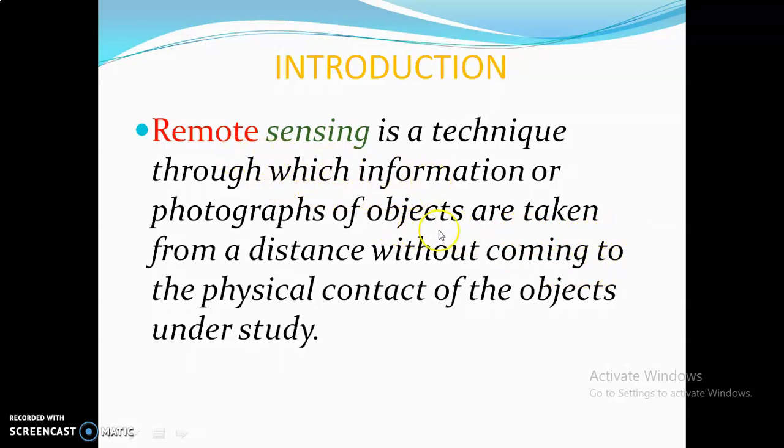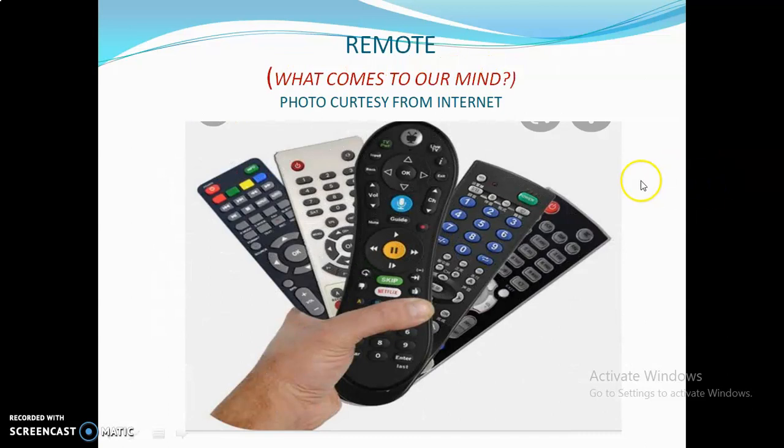How is it different from each other? Here you have seen that I have marked remote in red and sensing in green, just to make you understand a few important things with which you are very familiar.